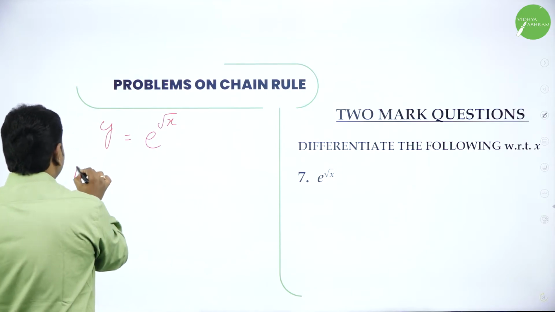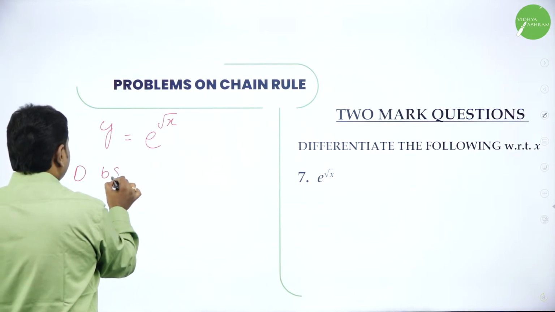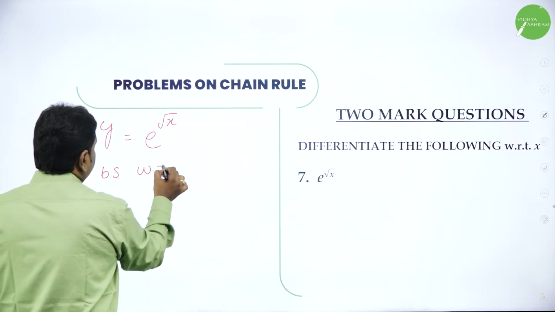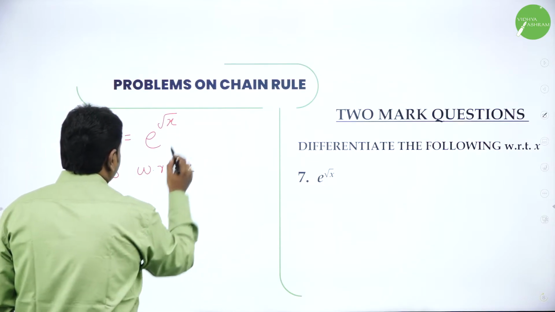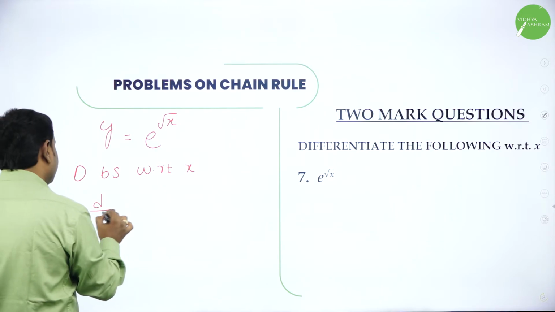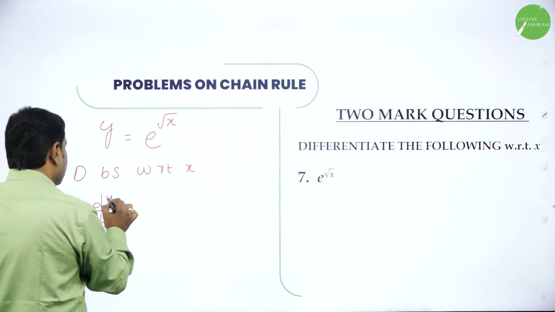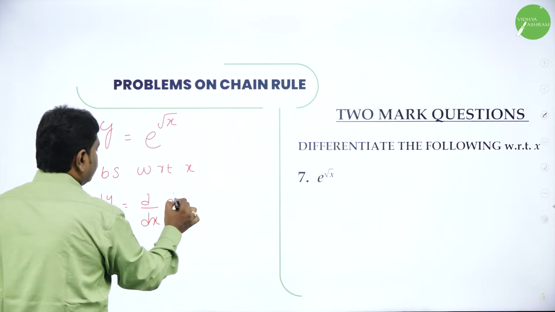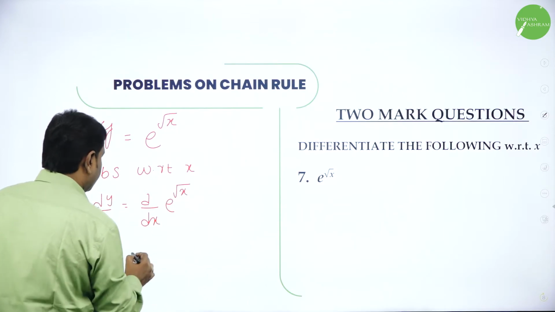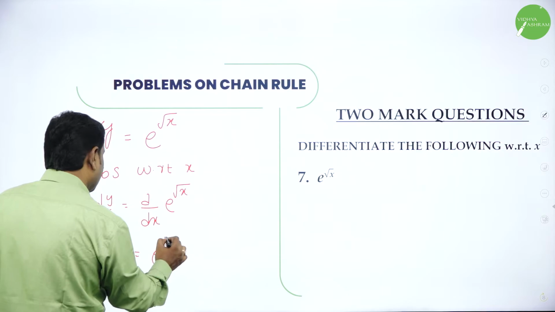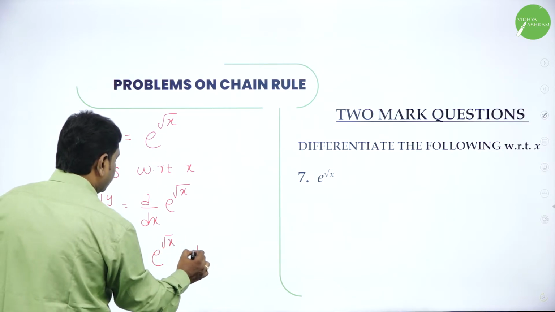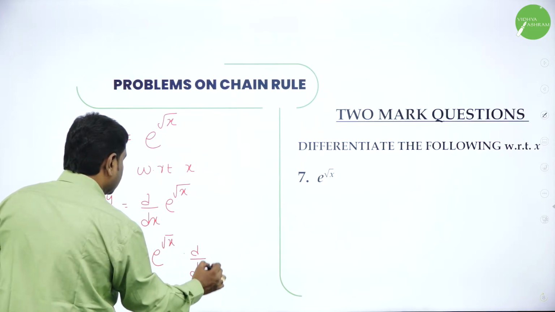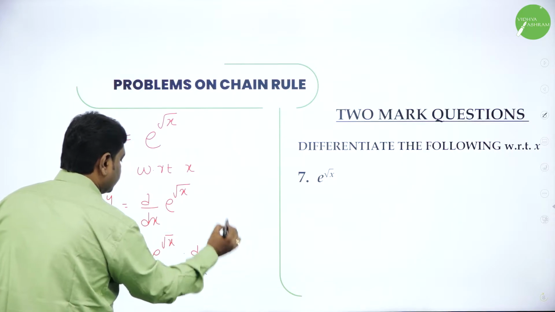So now differentiate both sides with respect to x. LHS becomes d by dx of y. RHS is also d by dx of e power root x, and the derivative of e power f of x is e power f of x into d by dx of the internal function. The internal function is root x.